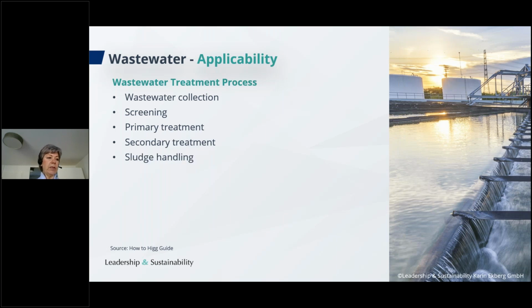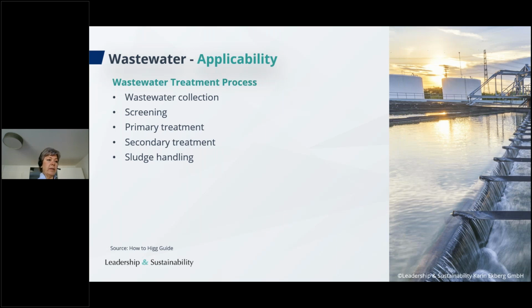And then we have the sludge handling. This step is also very important, especially if you have an industrial wastewater treatment plant. In most cases, your sludge will then be a hazardous waste. The sludge that precipitates during the secondary treatment is removed at regular intervals and dewatered in a filter press.